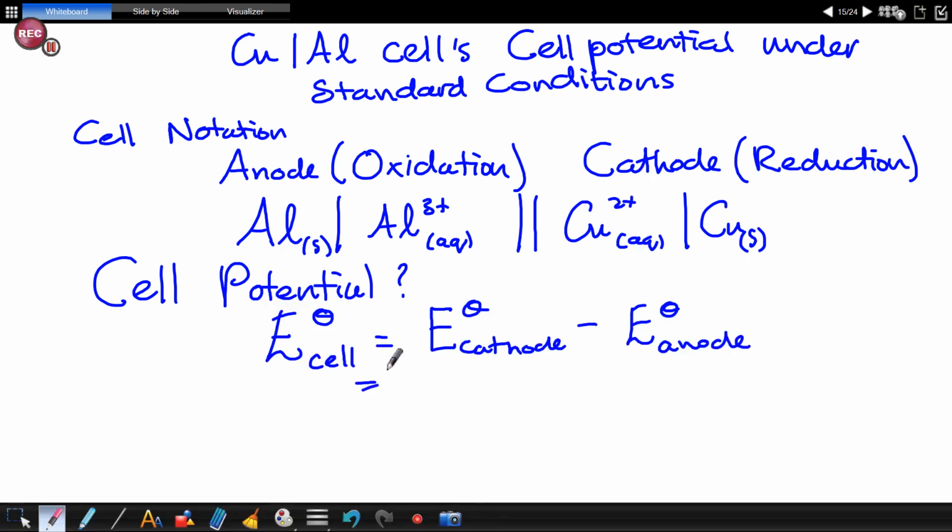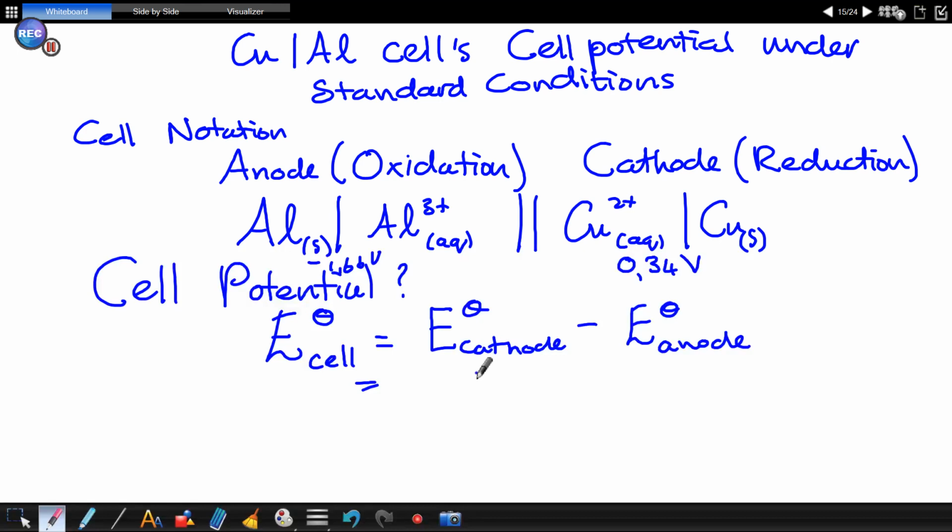So the cathode's standard electrode potential is 0.34 volts, and the anode's standard electrode potential is minus 1.66 volts.